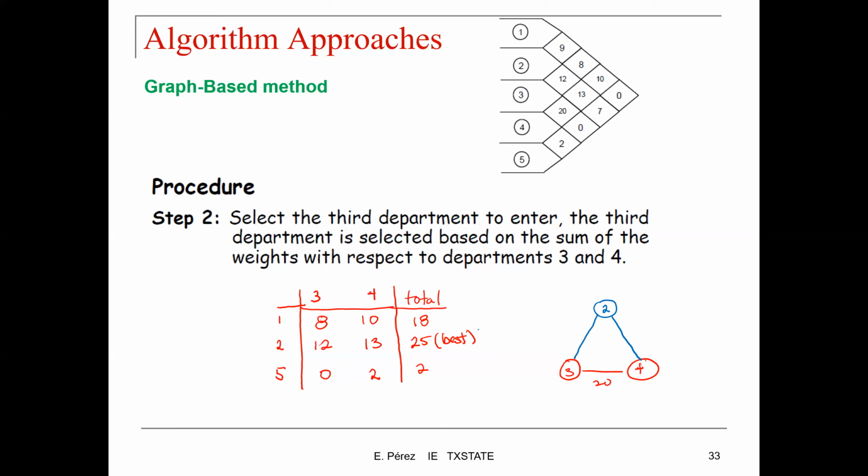The reason I'm adding 2 is because it gives the best performance when compared to 3 and 4. So that's the next: department 2 is chosen with a value of 25.